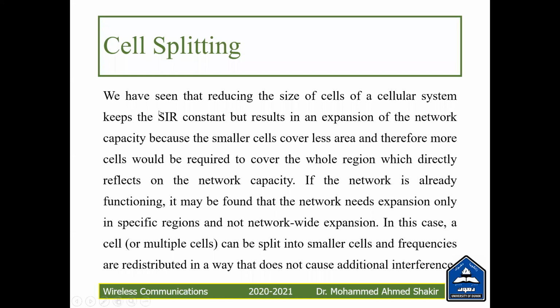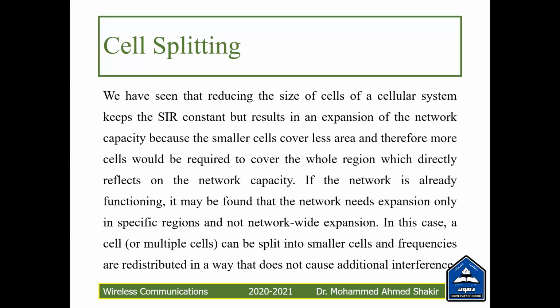Well, now, when we are going to split a cell, again, we have to keep in mind an important point, which is the signal to interference noise ratio. In the previous weeks, we talked about the SIR of the system and how we can, for example, increase the SIR of the system by providing sufficient isolation distance.